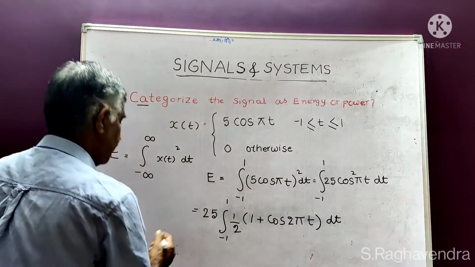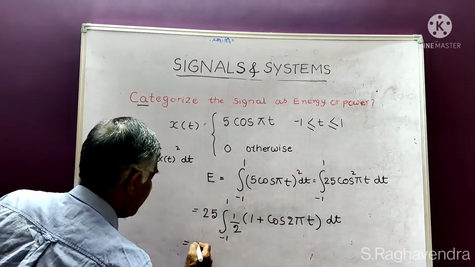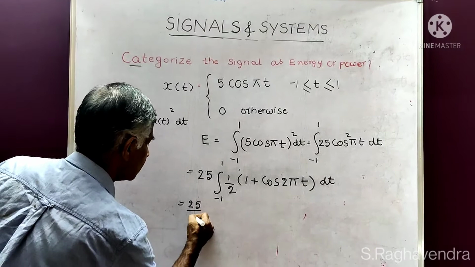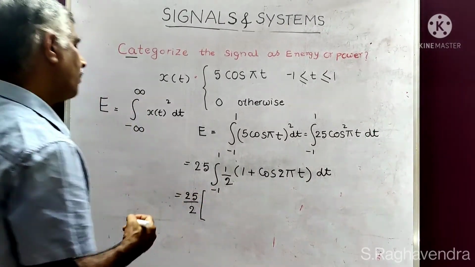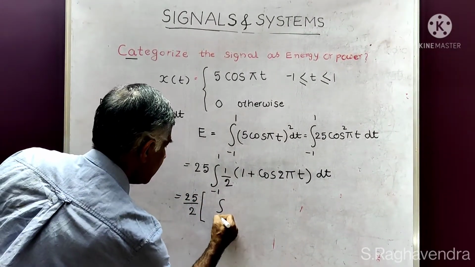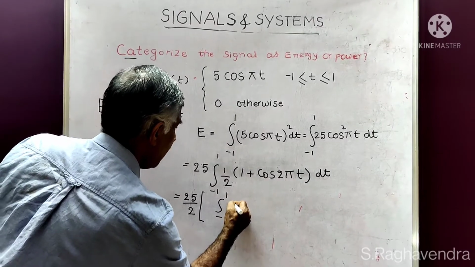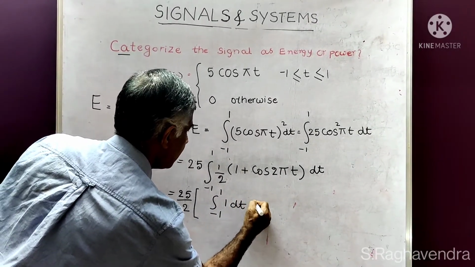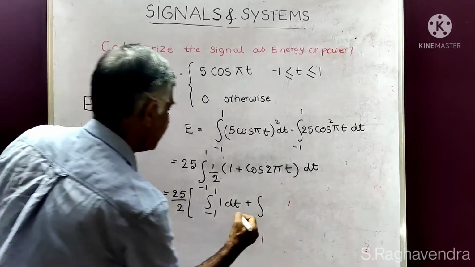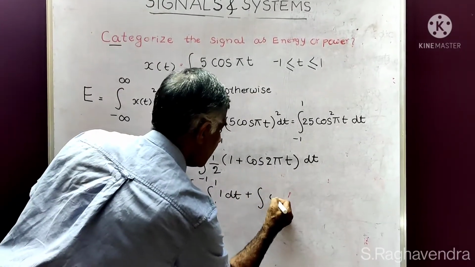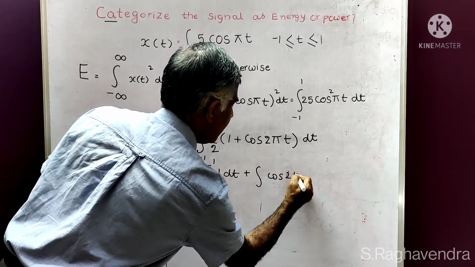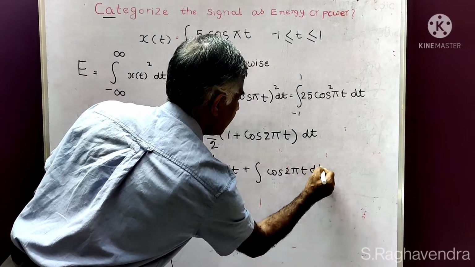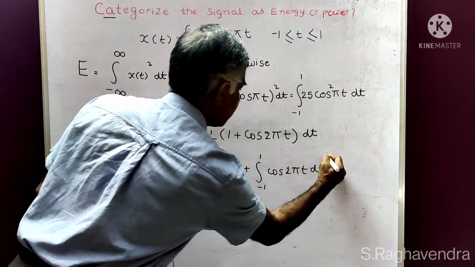That is 25 by 2 integral from -1 to 1 of dt plus integral of cos 2 pi t dt from -1 to +1.